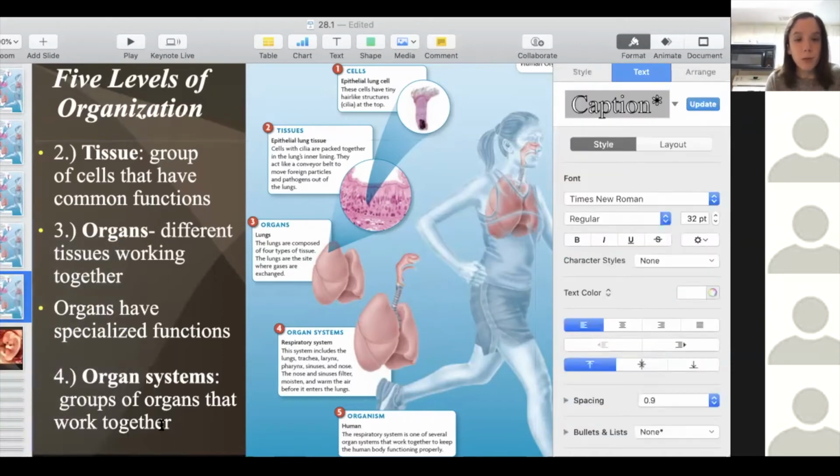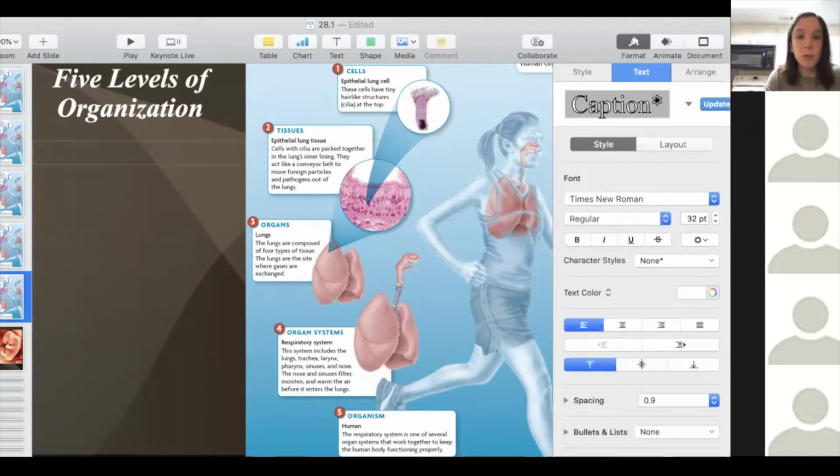Now there should be a fourth slide on here I don't have. I'll just erase this and write the fifth one on here. It should be organism, which would be all organ systems working together.